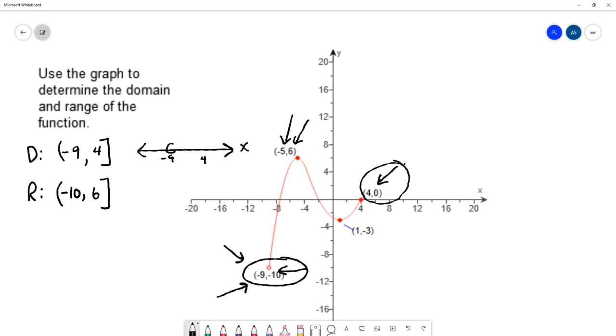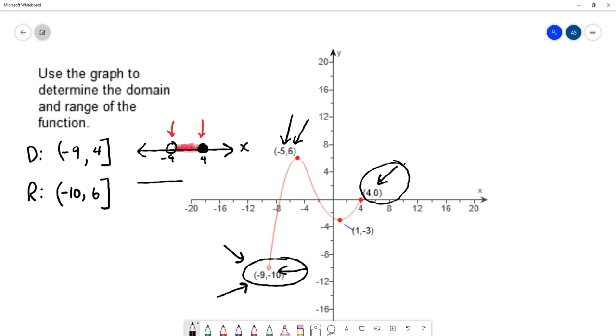We're not including -9, we are including 4, and we're going to shade the values between these. So this interval notation doesn't just represent the two numbers that we've written down, it's all of the numbers between those two. And then when we use the parentheses and the brackets, it tells us whether we're including the endpoints or not.